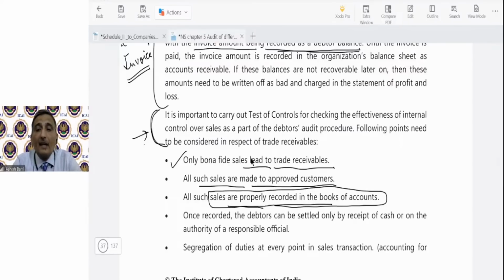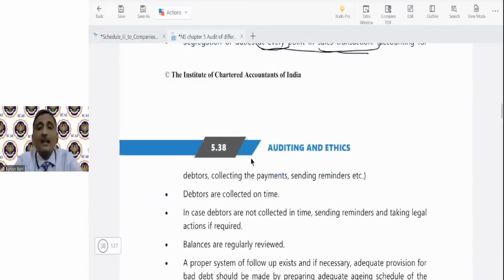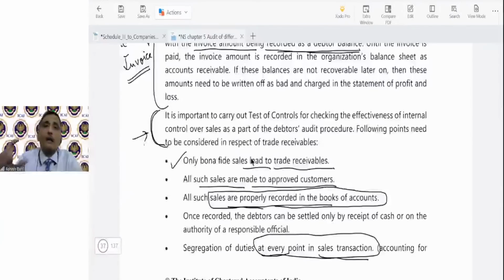And a very important point, students, it has to be seen that there is segregation of duty in respect of sales transactions. Say, the persons who are responsible for collecting the payments are not responsible for making entries in the books of accounts.